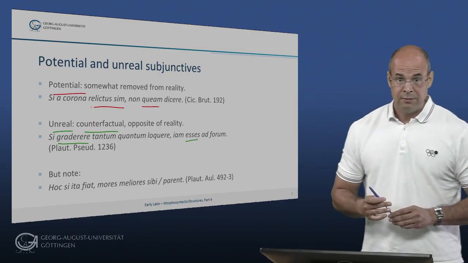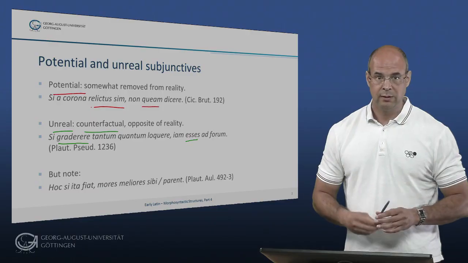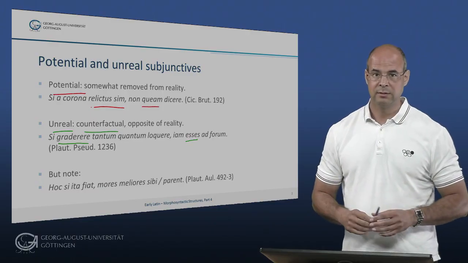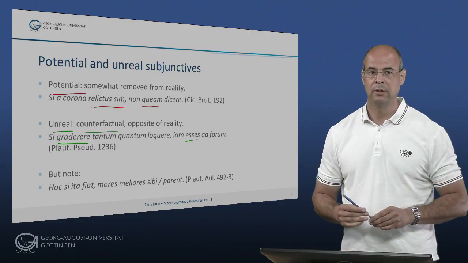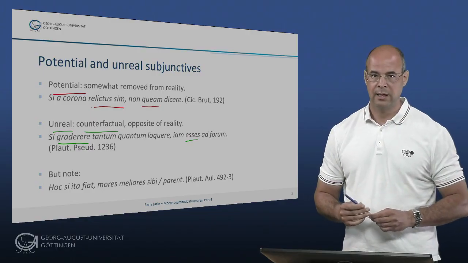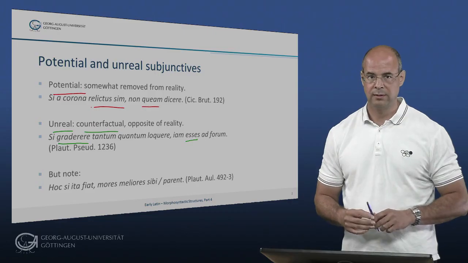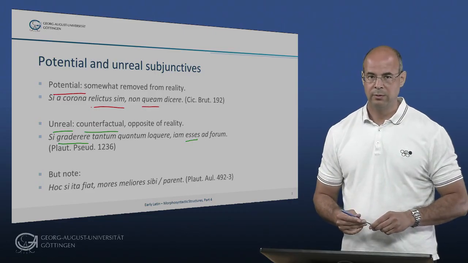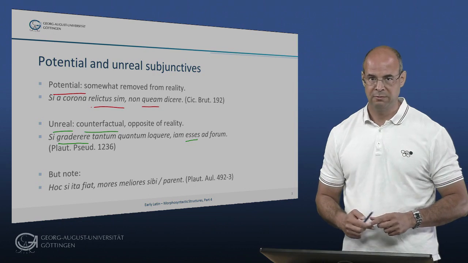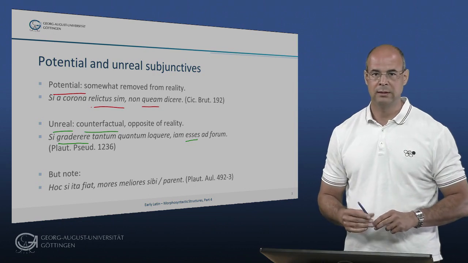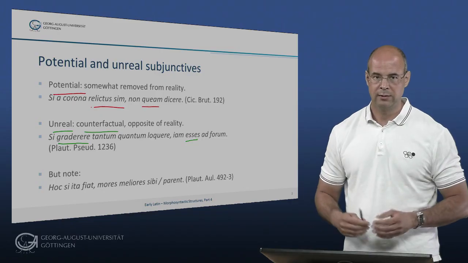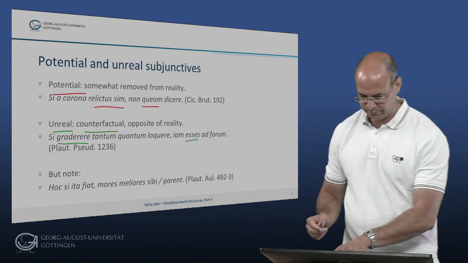Now that is really the most common situation in early Latin, but in early Latin it has to be said the distinction between potential and unreal is not yet as fully developed as in classical Latin. On occasion, Plautus still uses a present subjunctive for events which are very clearly counterfactual and not potential, as you can see here.